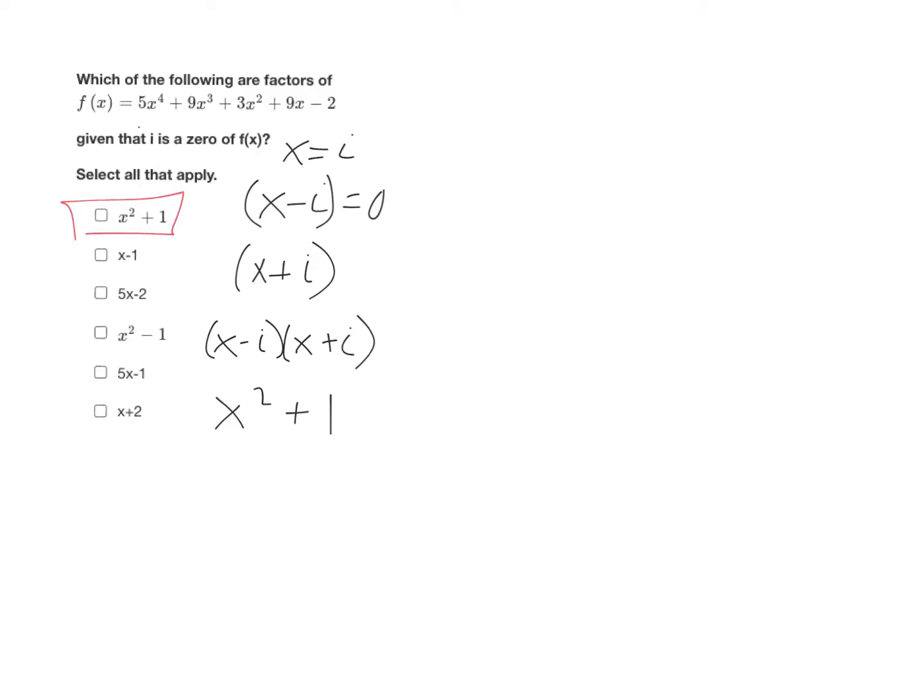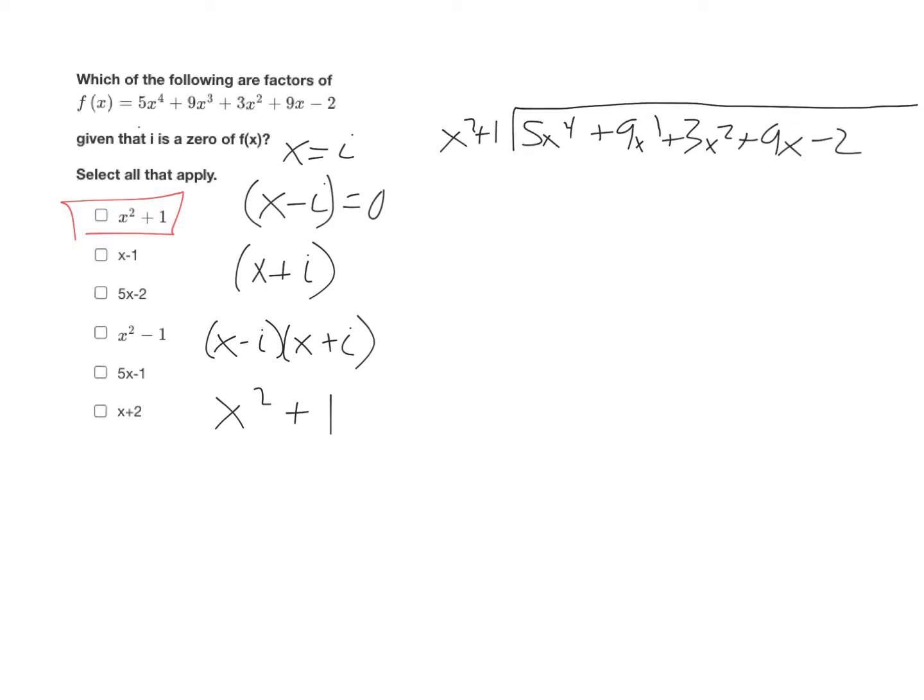Now to find the rest of them, again, I need to divide the original given polynomial by this. So let's go ahead and do that. So x squared plus 1, and then 5x to the 4th plus 9x cubed plus 3x squared plus 9x minus 2.